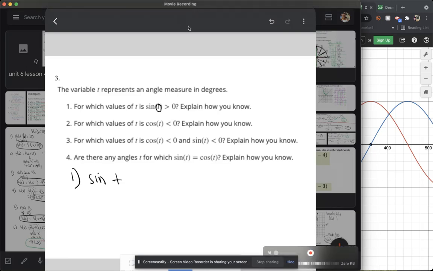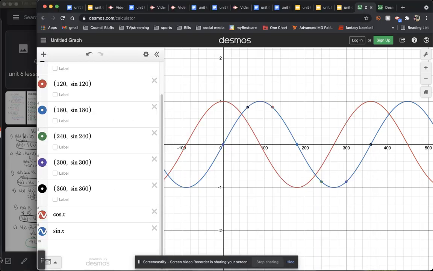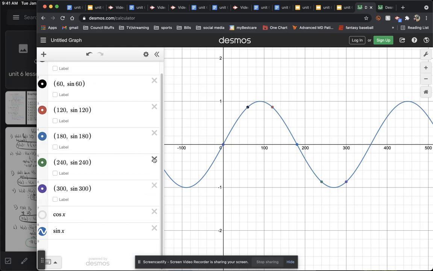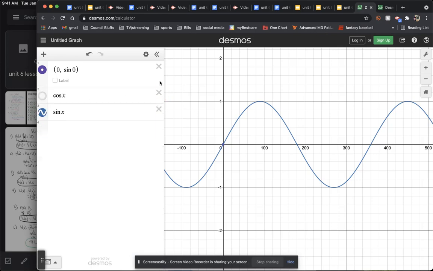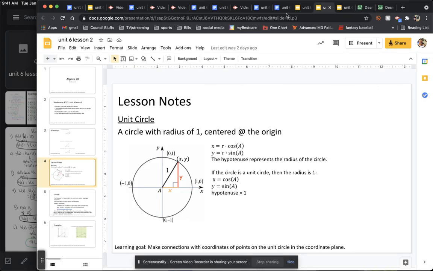Now to figure that out, I can look at the sine graph here, or I could look at my notes from lesson 3, I believe.